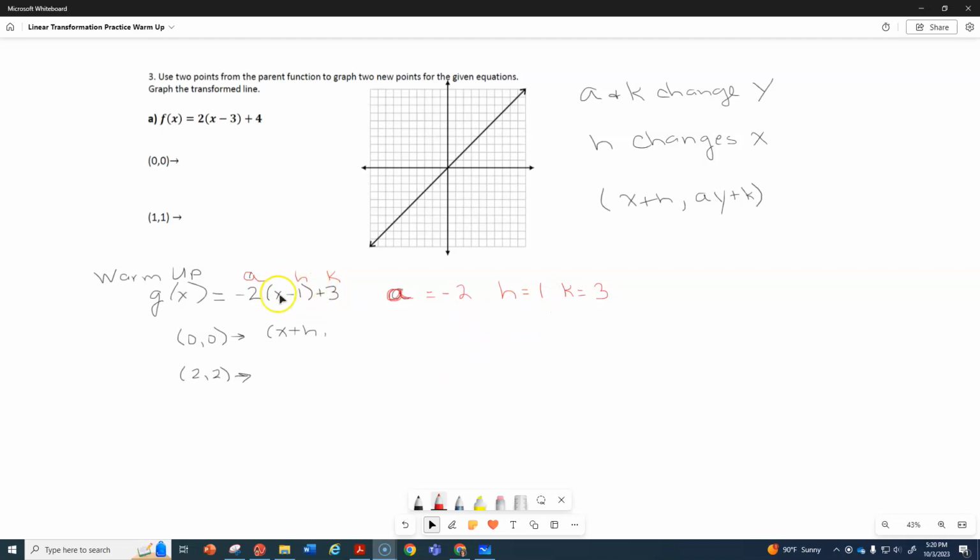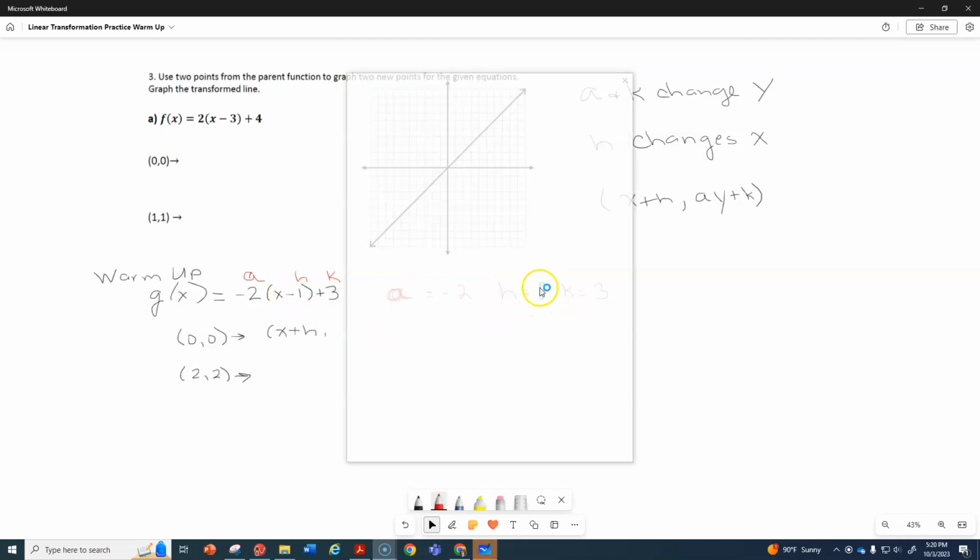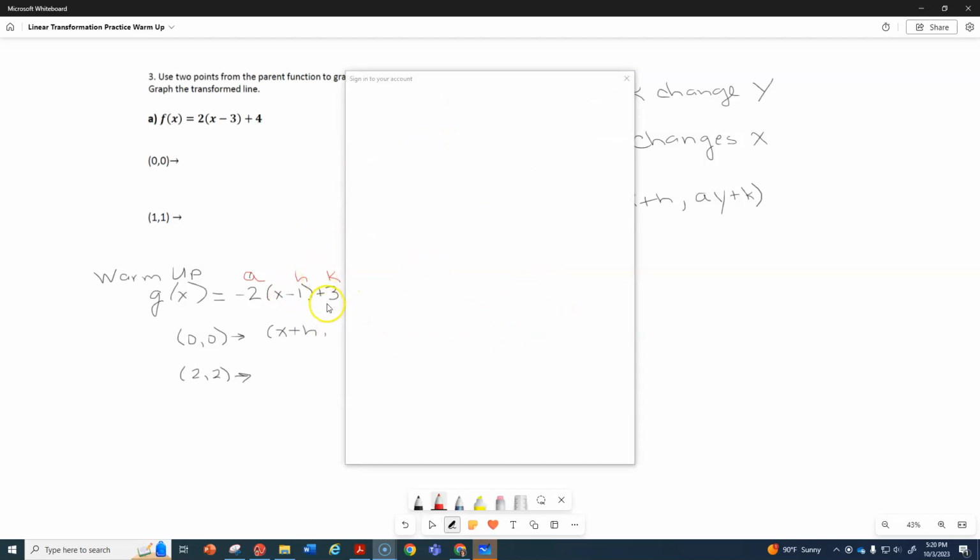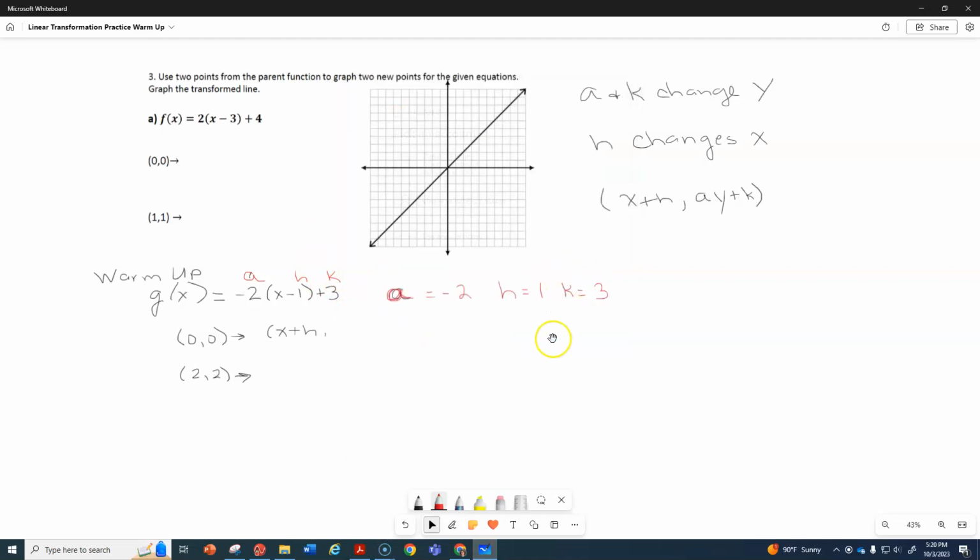Be sure you remember that whatever the sign is inside the parentheses, when you pull it out, you change that sign. So if you see a -1, the value of H is +1. And then, of course, the value of K is +3. Whatever the sign of K is, you keep that sign. So I have the values of A, H, and K.